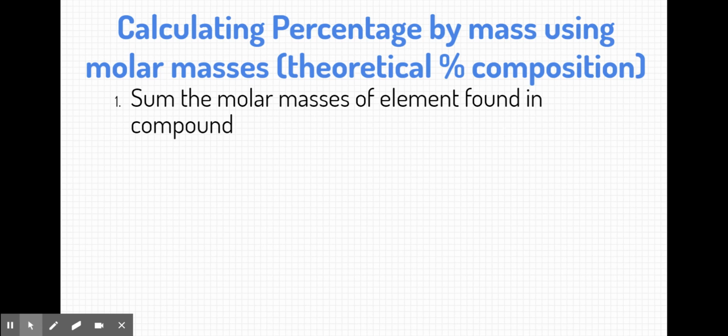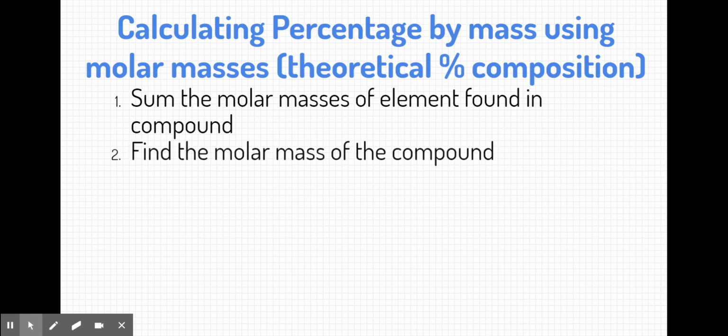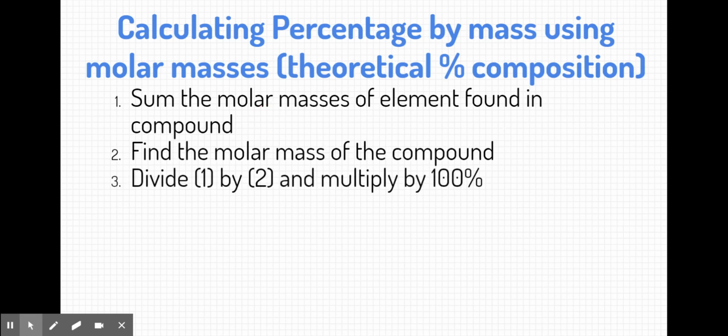For example, there were 2 hydrogen atoms in water, so we added together the molar masses of 2 hydrogen atoms. Then we found the molar mass of the compound. We divided the first by the second, and then multiplied by 100%.